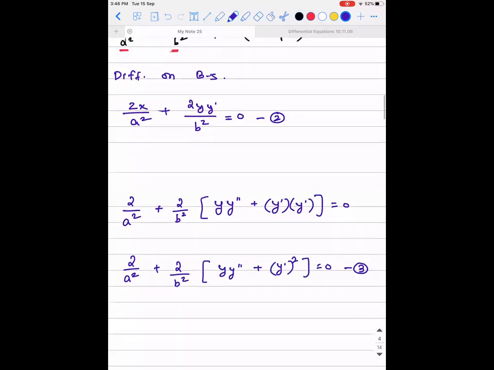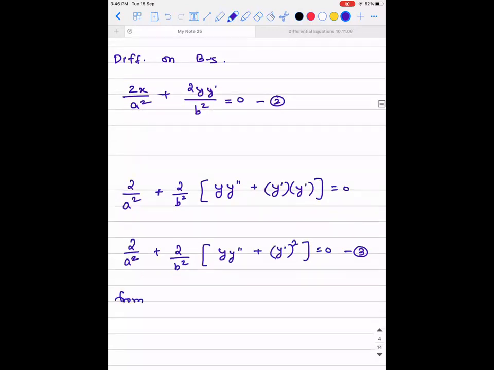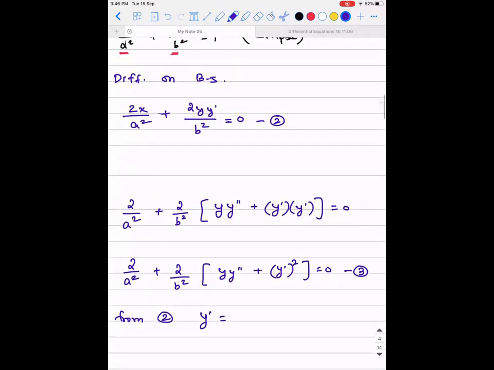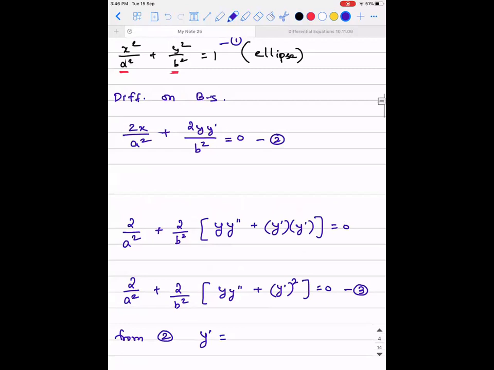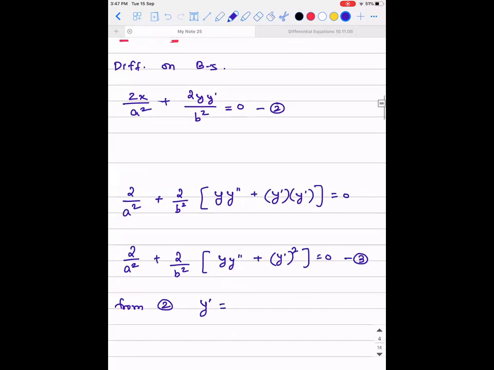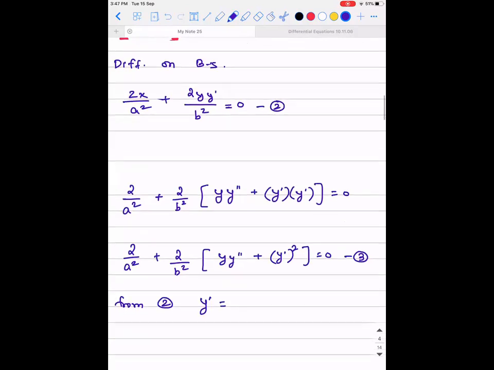So what we need to do here is from 2, what is y dash? I'll tell you a simpler method. From 2, see our work.